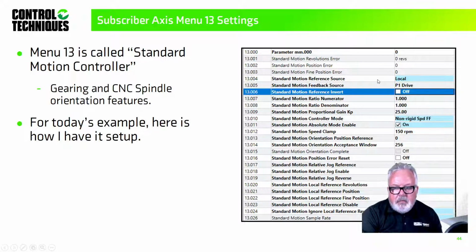It's going to come from the link that's being sent by the producer. So there's different modes for this, and I'm not going to go into the detail on that right now. If you look at the help file and Connect, it'll explain what this is. But I'm going to choose non-rigid speed feed forward as the motion control mode.